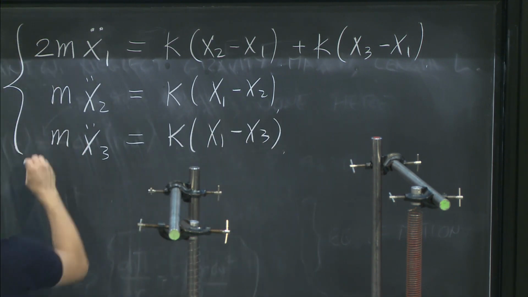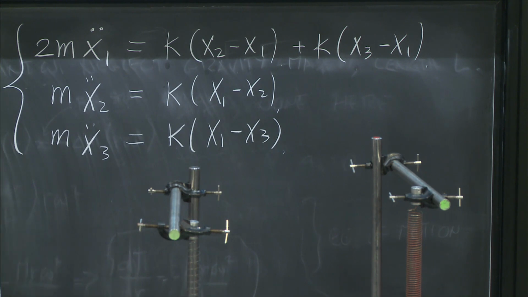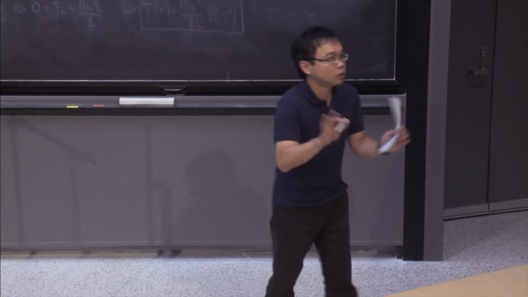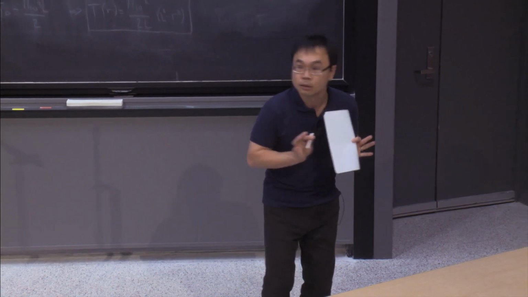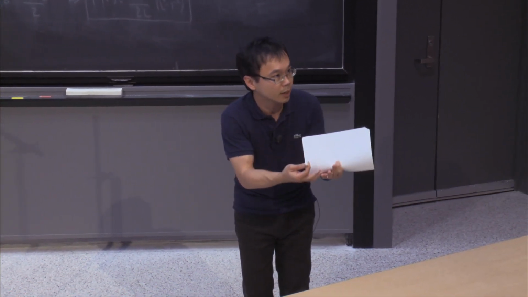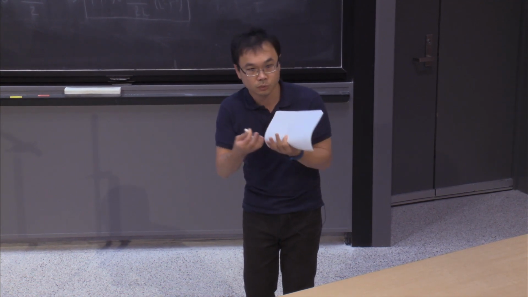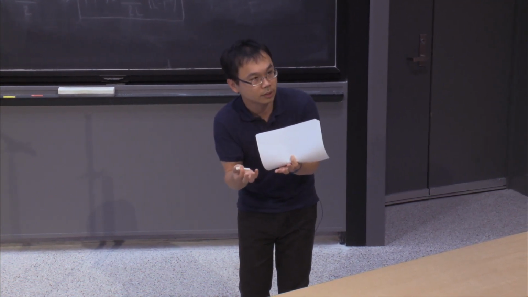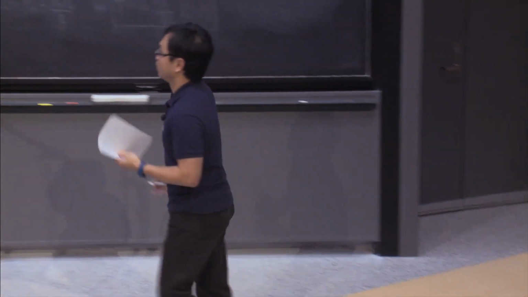So that is my coupled second-order differential equations. There are 3 equations, and all of them are second-order equations, okay? This looks a bit messy, right? So what I'm going to do, there's no magic. I'm just collecting all the terms belonging to x1 and putting them together, all the terms belonging to x2, put them all together, and just rearranging things, okay?